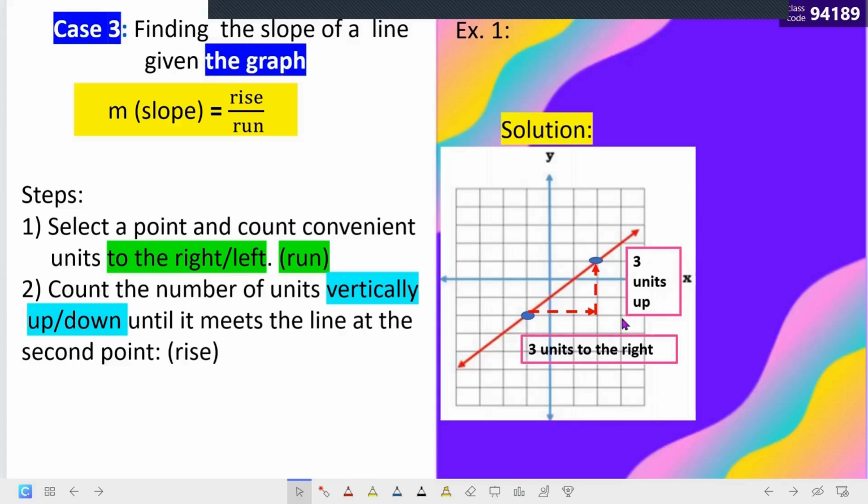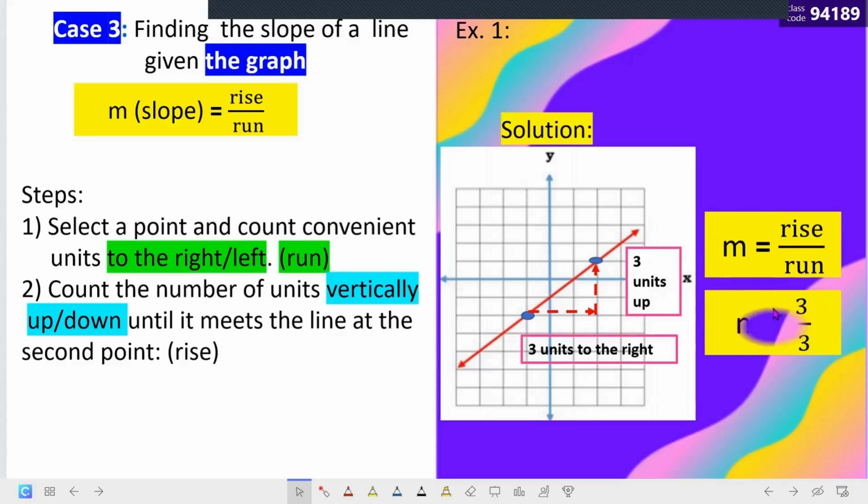The horizontal change is 3 units to the right. And now with this information, you can solve for the slope. The rise over run will be, the rise is 3 units and the run is also 3 units. Therefore, our slope is positive 1.